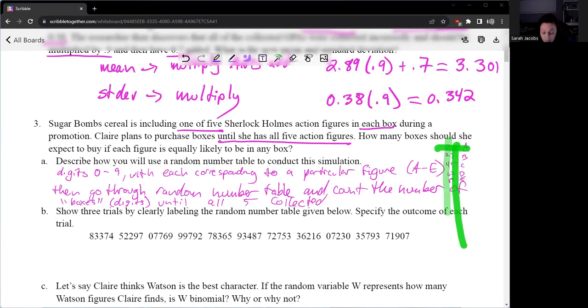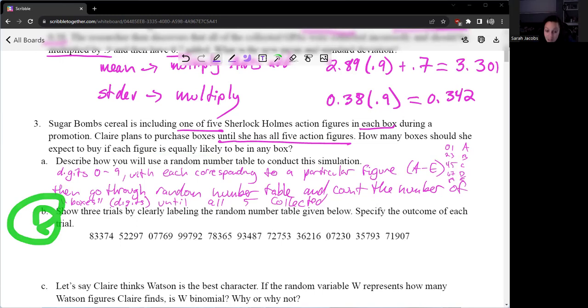You can do it the way I did it. You could pick any 2 random numbers to go with each figurine. Doesn't really matter. The key is that each figure is equally likely to be in any box. So notice each of these figurines has 2 of 10 digits, so they're equally likely to be picked. So this is helpful for part B.